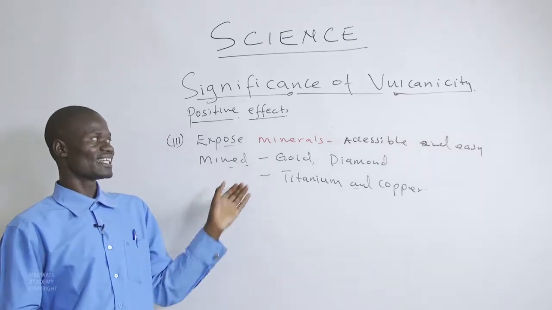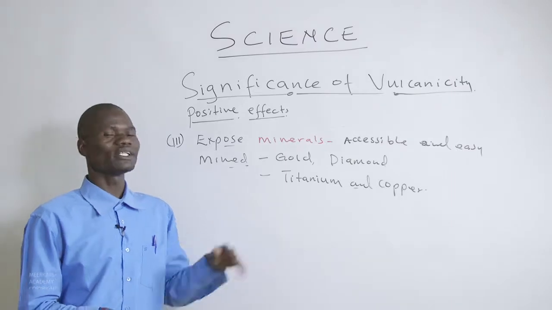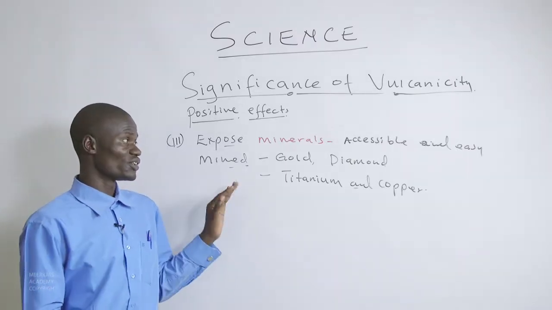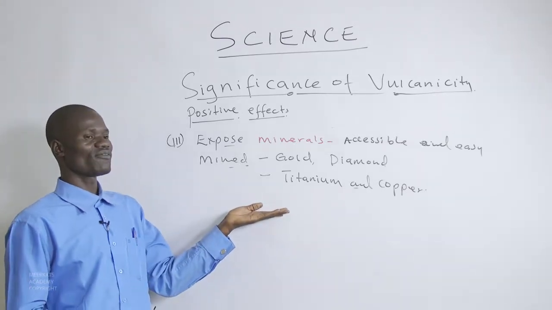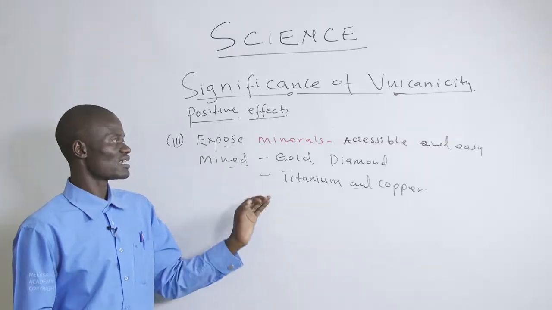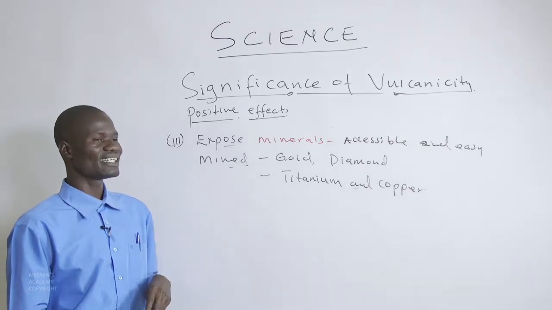When volcanicity exposes the minerals near or on the earth's surface during volcanic eruption, you'll find these minerals are easily accessible. Therefore, any person who wants to invest in the mining industry can easily mine those minerals.